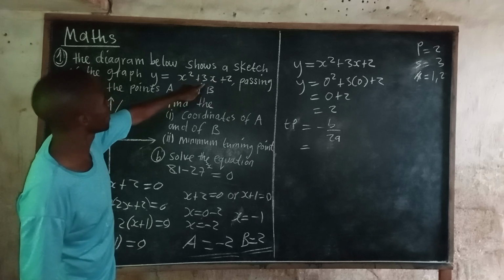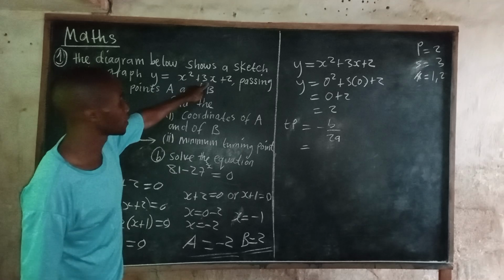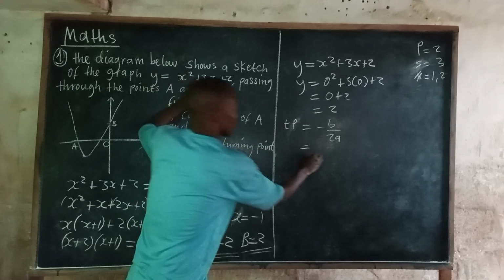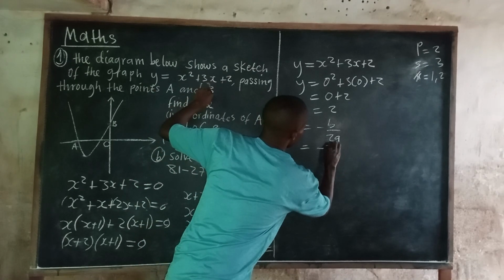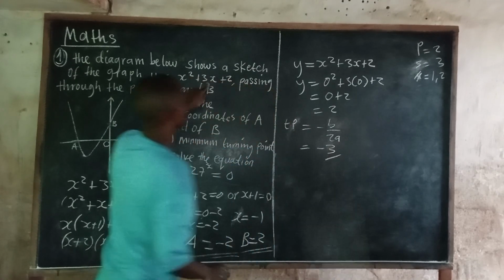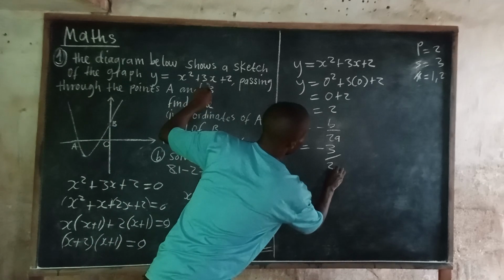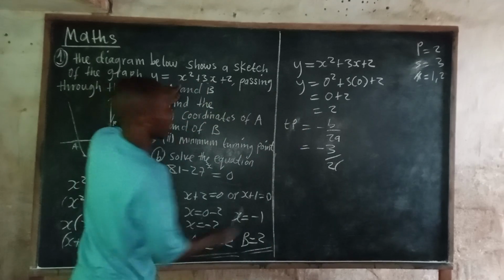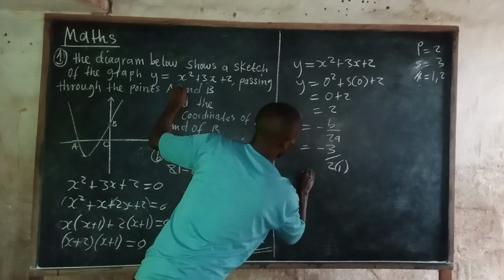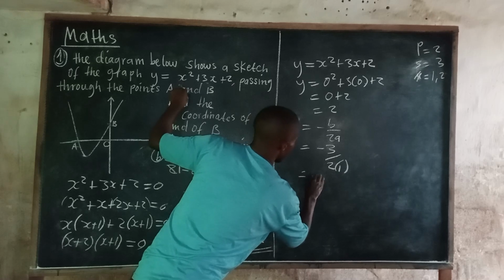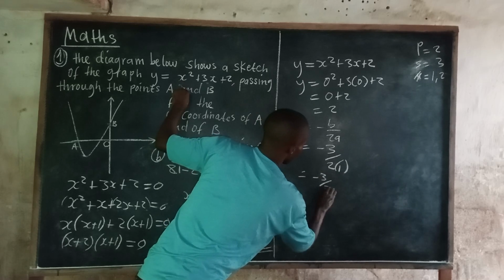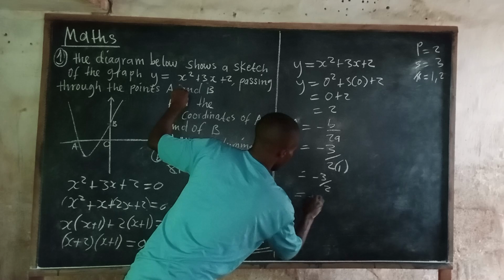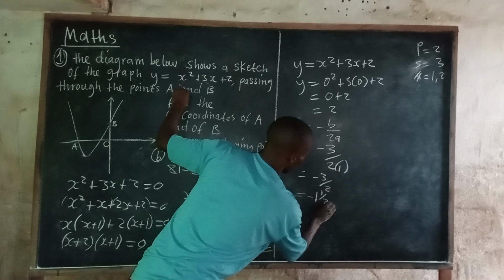Okay, so the coefficient of B here is 3. So where there is B, we are going to put 3. Remember, there is already a negative there, over. Then we come down, the denominator. What is our A? Our A is 1. So this will be negative 3 over 2, which will give us negative 1 over 2.